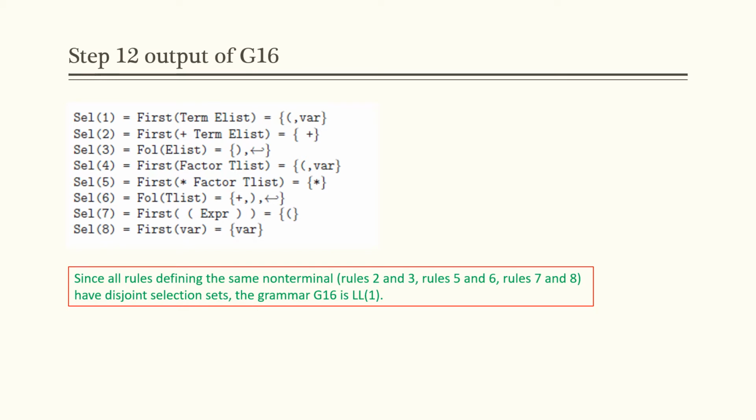Rules 2 and 3 have different selection sets, and 5 and 6 have different selection sets, even though they have the same non-terminal. So in this case, we say that this grammar G16 is in LL1 form.